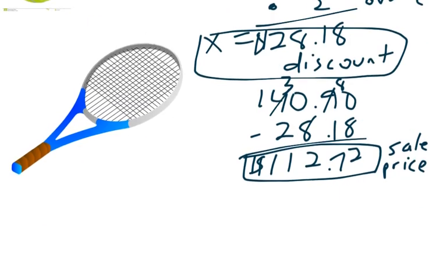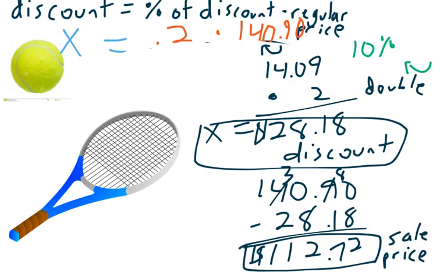Alright, so the sale price is really just the regular price minus the discount.